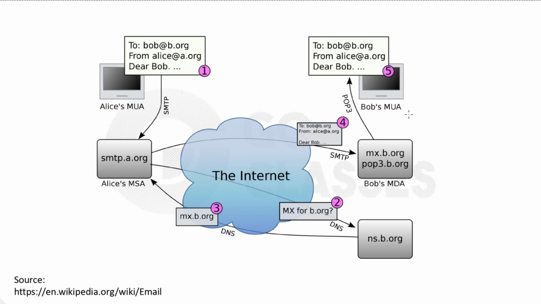The first step is that it sends the mail to its own mail server. Suppose this is smtp.a.org, Alice's mail ID is alice@a.org, and Bob's mail ID is bob@b.org, which means Bob is inside the b.org organization and Alice is in the a.org organization.